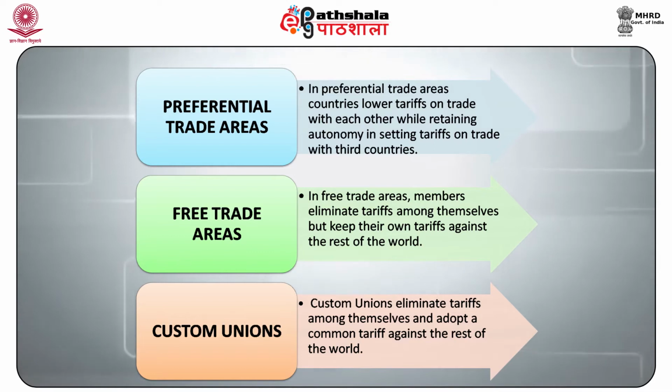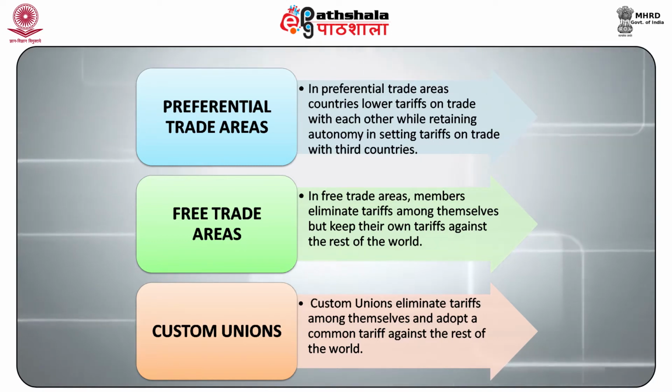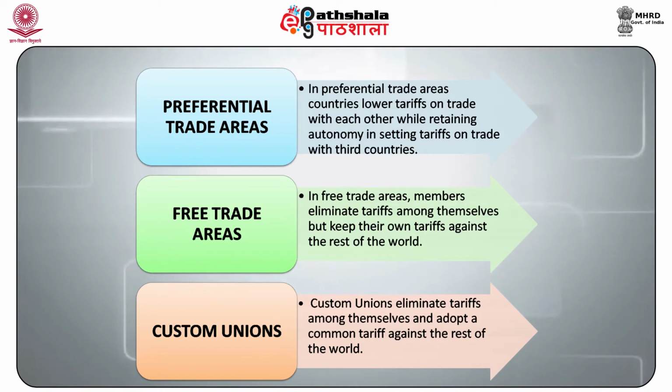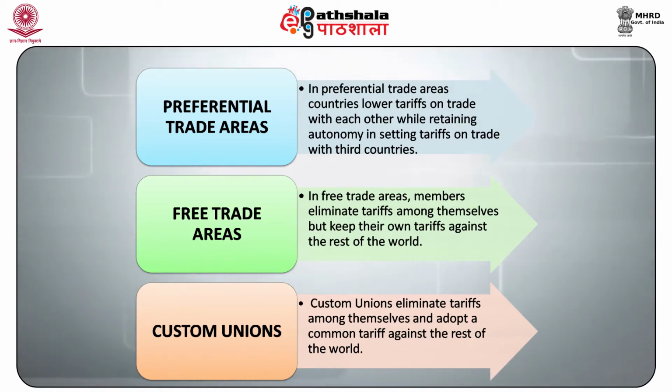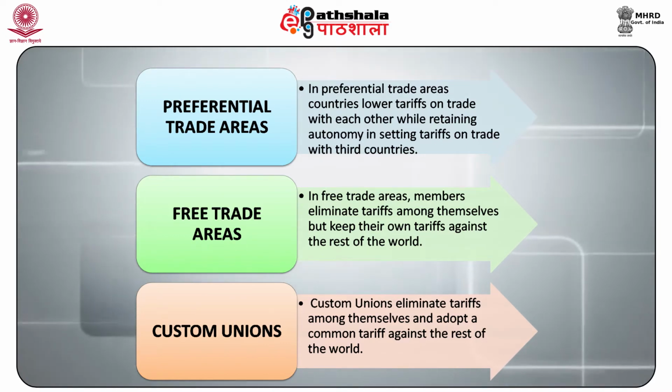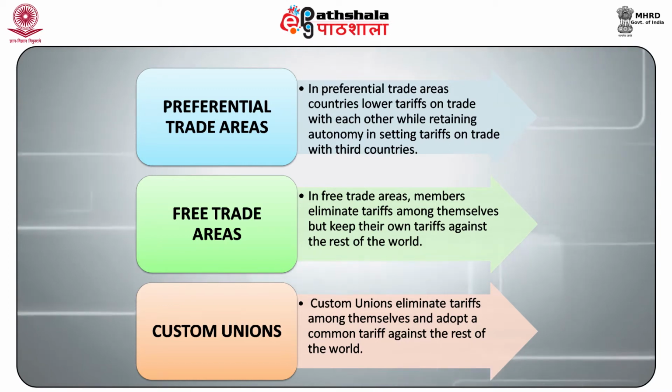Now, the free trade area is an area in which the members eliminate the tariffs among themselves, but keep their own tariffs against the rest of the world. Examples are the EU, CEE association agreements, NAFTA, CIFTA and ANZCERTA and so on.